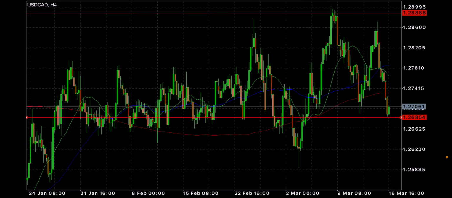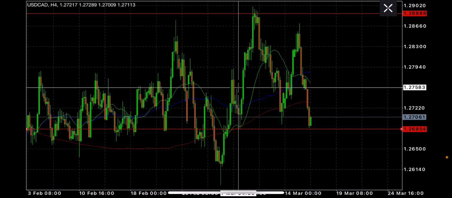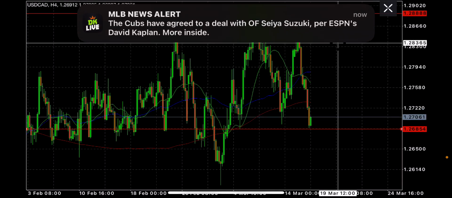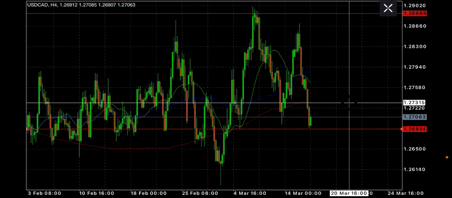Okay. Now, just as much as that did, there's a possibility it can continue what it's been doing, which is ranging. And one thing about these Forex pairs that I've come to know from years of trading is that they're not going to consolidate forever. Eventually, a move is going to be made either towards the long side or the short side.